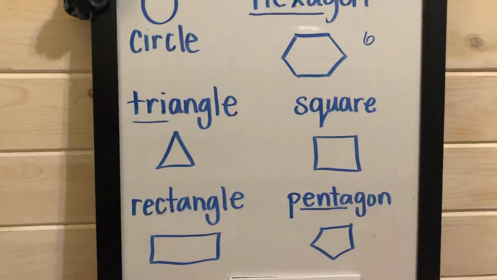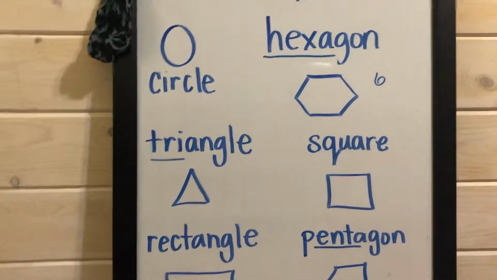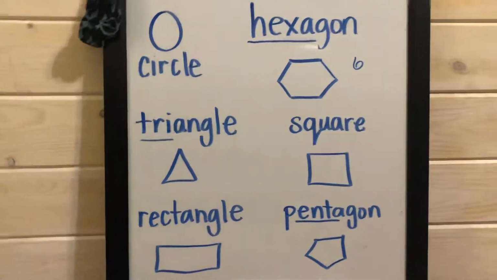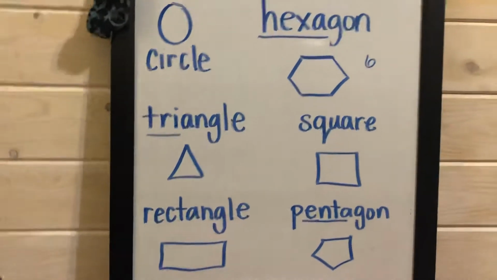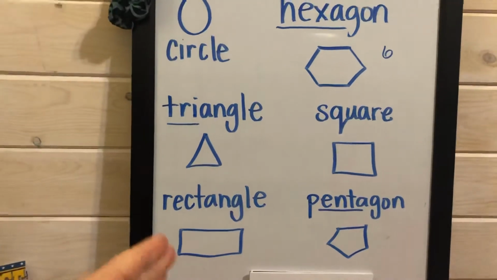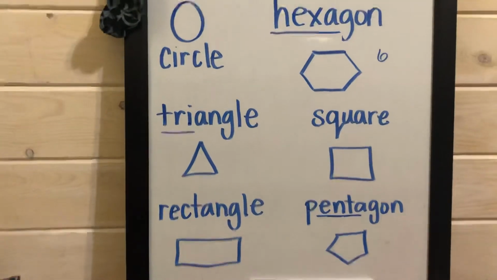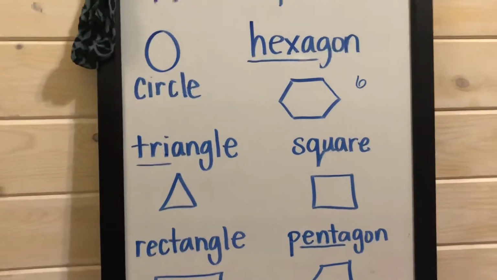Well, the circle kind of gets in our way. The only thing that these 6 shapes really have in common is that they're kind of flat. But these 5 all have sides and angles and points to them, right? The circle doesn't. It's just one big circle and it's flat.